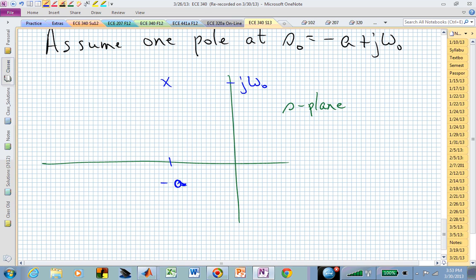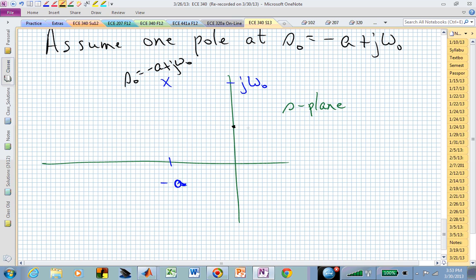Here is our pole at S naught equal to minus A plus J omega naught. What we want to do is understand how that pole influences the magnitude of the system as we adjust the frequency of our system.